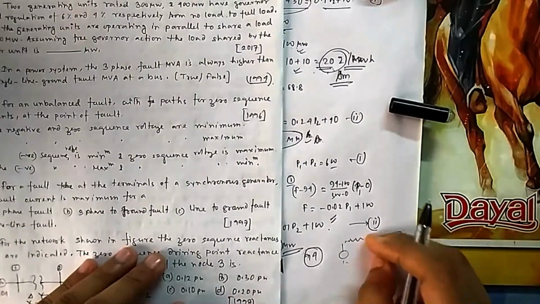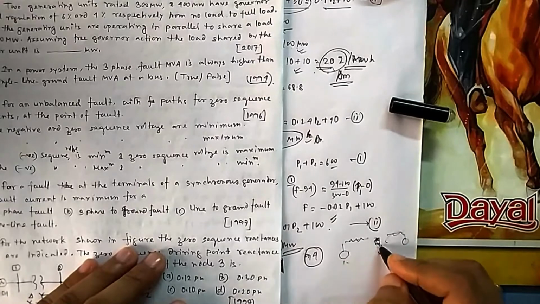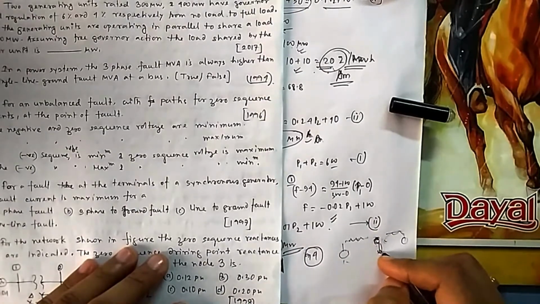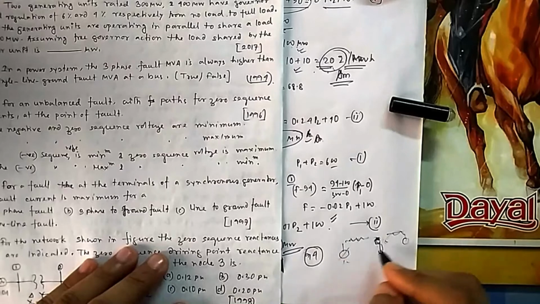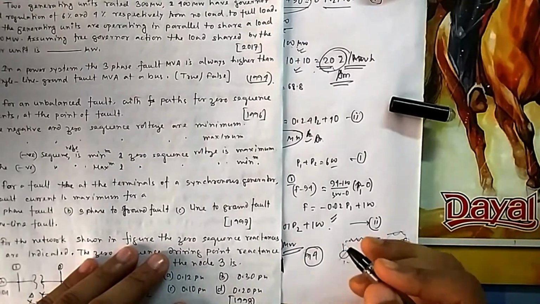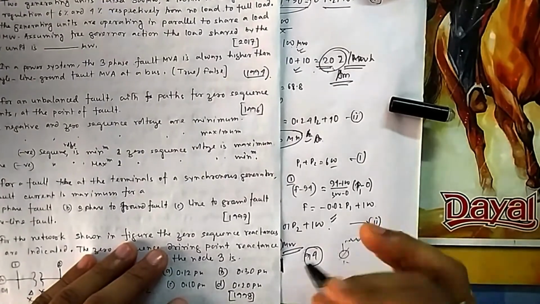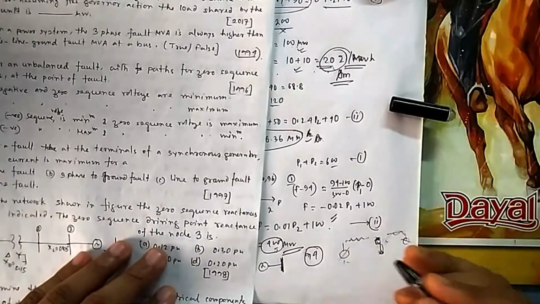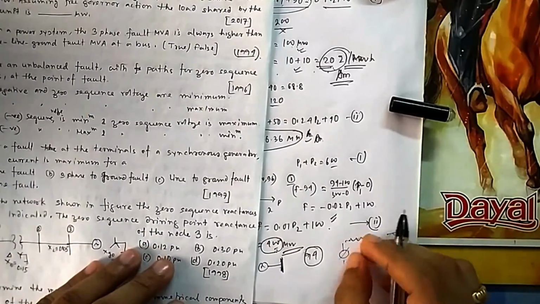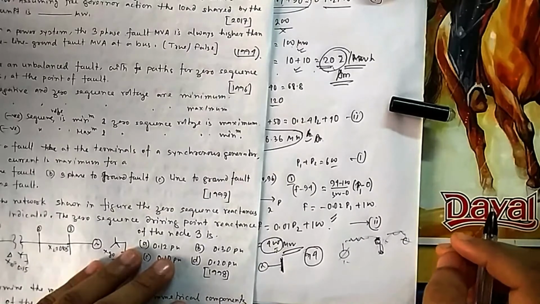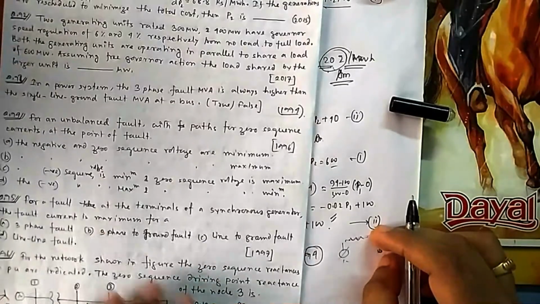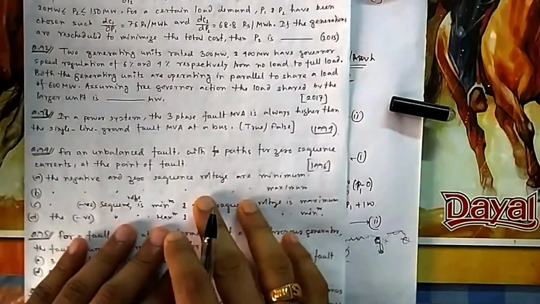If you come to this position, what will be this voltage? This minus this. So that drop occurs here. This is positive, and in case of negative there is no source, and you can calculate the current. Suppose it is single line and IA1 is equal to IA2 is equal to IA0, then this entire drop will come here.